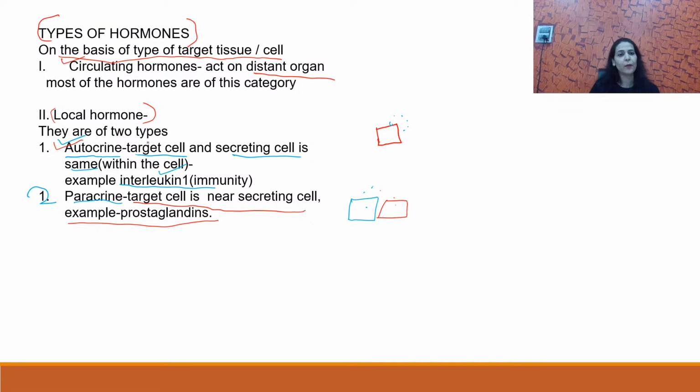The autocrines are the ones in which the target cell and the secreting cell are the same. Example, interleukin. Remember this interleukin also. Second, paracrine. Paracrine are the ones in which the target cell is very near the secreting cell. Example, prostaglandins.